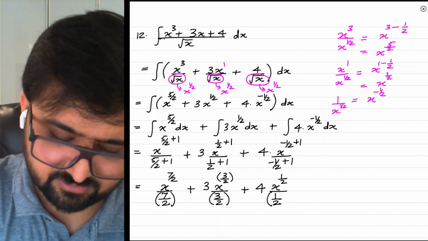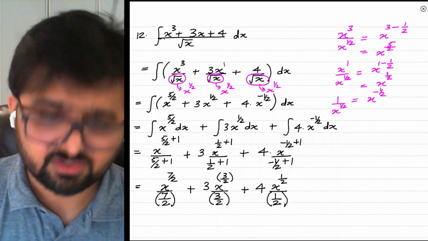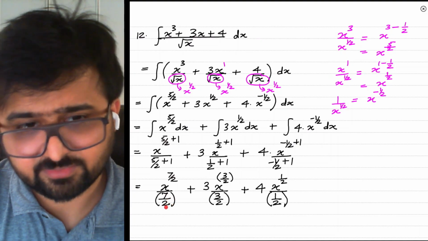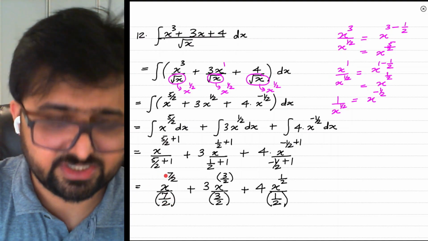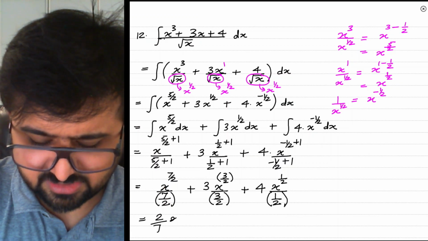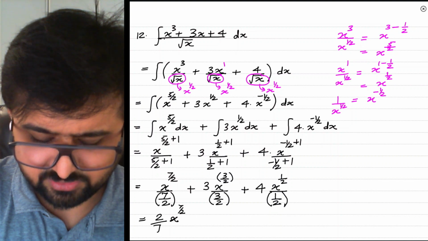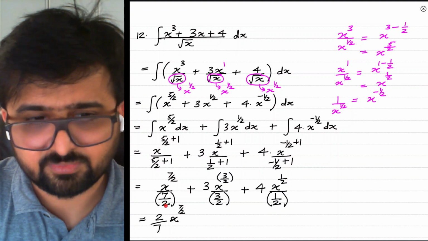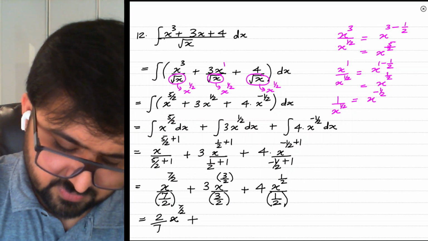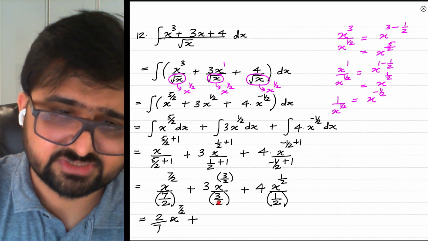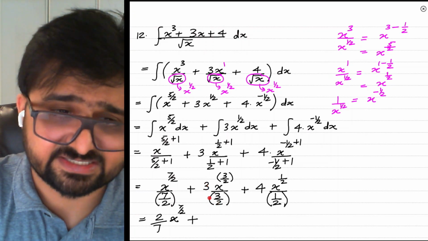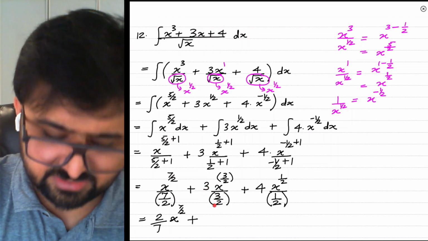Okay. Now that 2 is in the denominator of the denominator, so that can be taken in the numerator. So that will become 2 over 7 x to the power 7 by 2. Plus that 2 also is a denominator's denominator, that will come in the numerator, and that will become 6 with this 3.